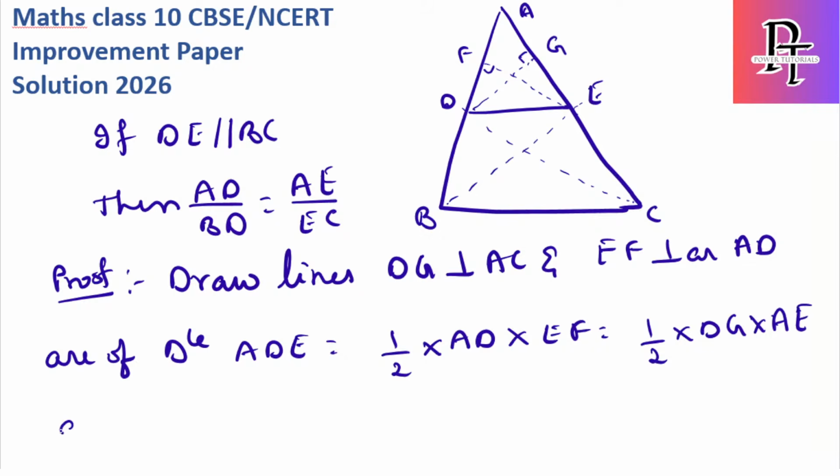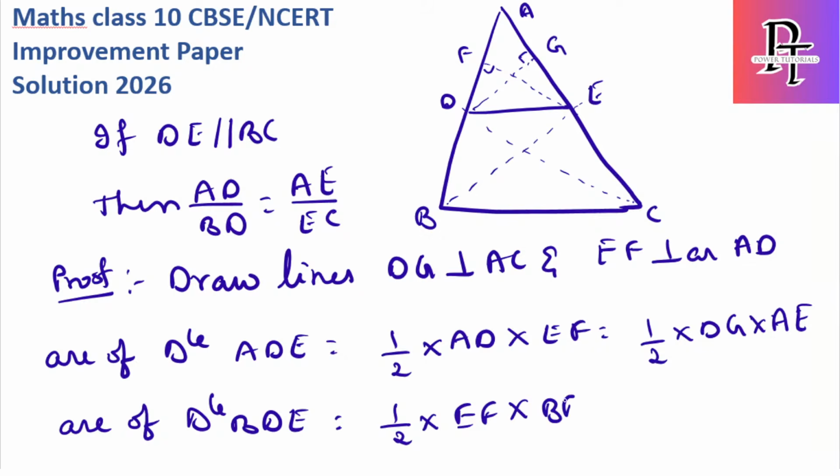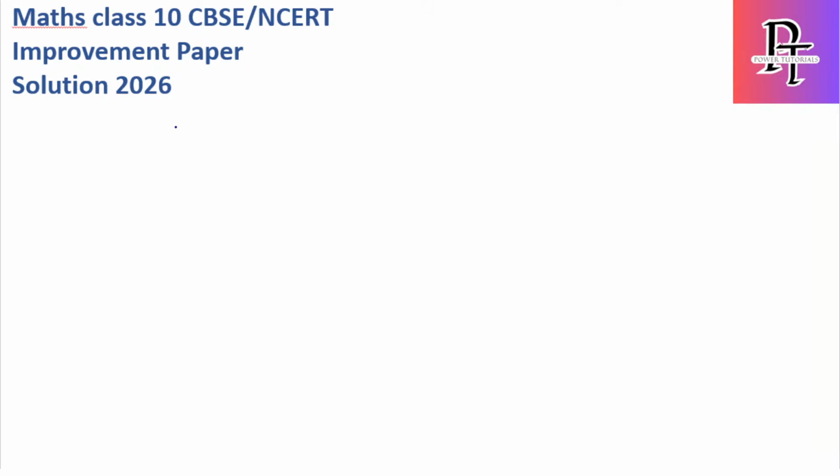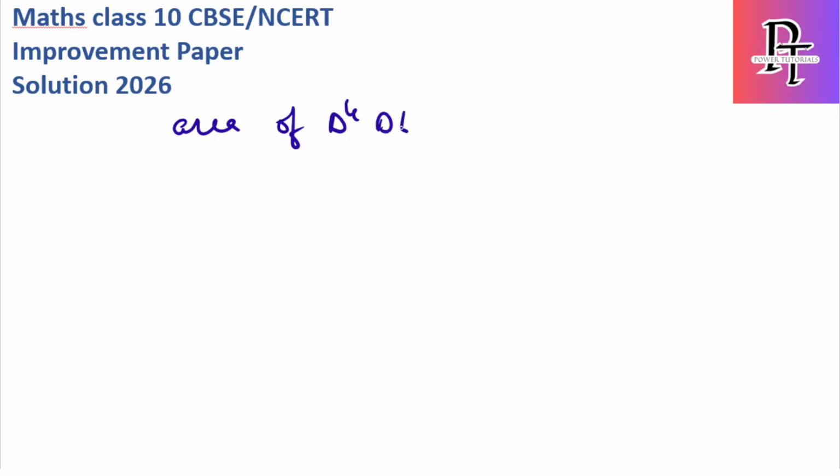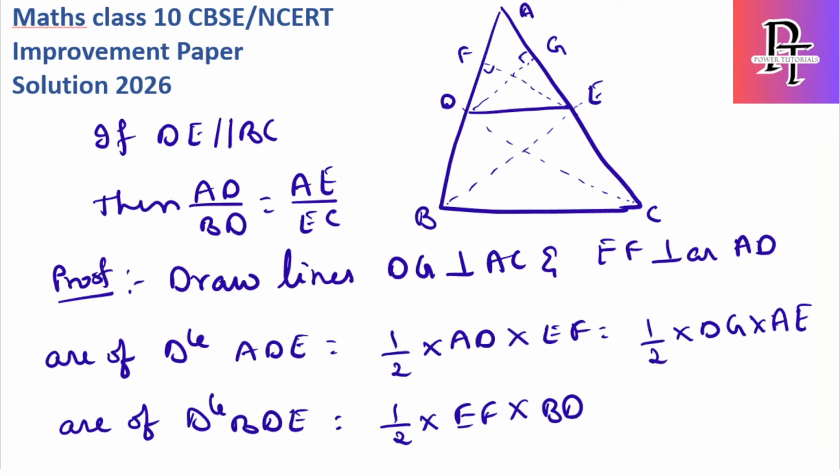Same way, area of triangle BDE, what will this become? Half into height, which is EF, into base BD. Same way, next, area of triangle DEC will be equal to half into DE into the height, which on this side also will be EF.